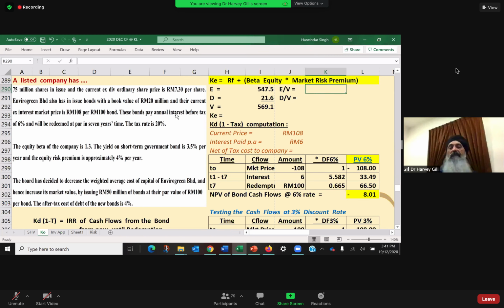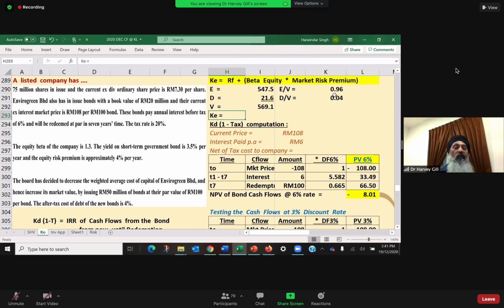And so equity proportion will now be equal to 547 divided by 569.1, which is 0.96. And then debt is of course 1 minus 0.96, that's 0.04.